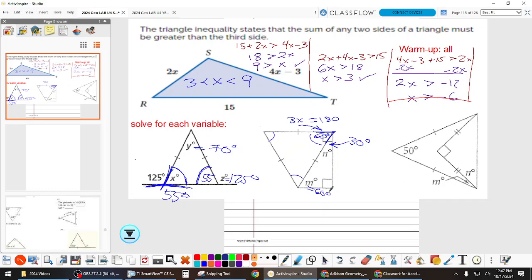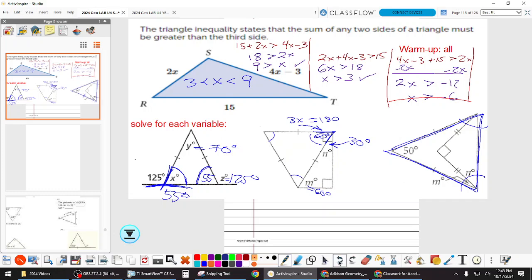So, let's see, where do you want to start? Let's start with these. If this is 50, what kind of triangle is this? It's isosceles because of these tick marks. Okay?